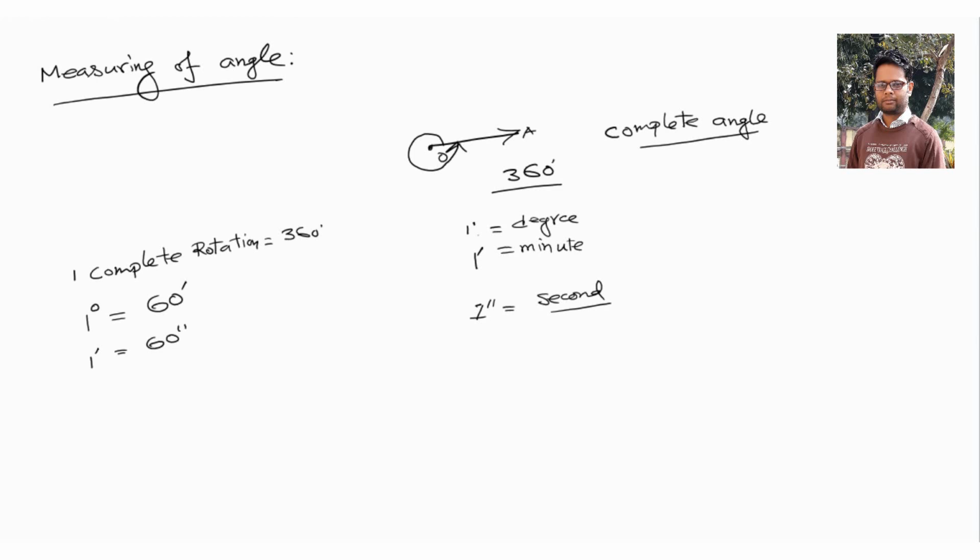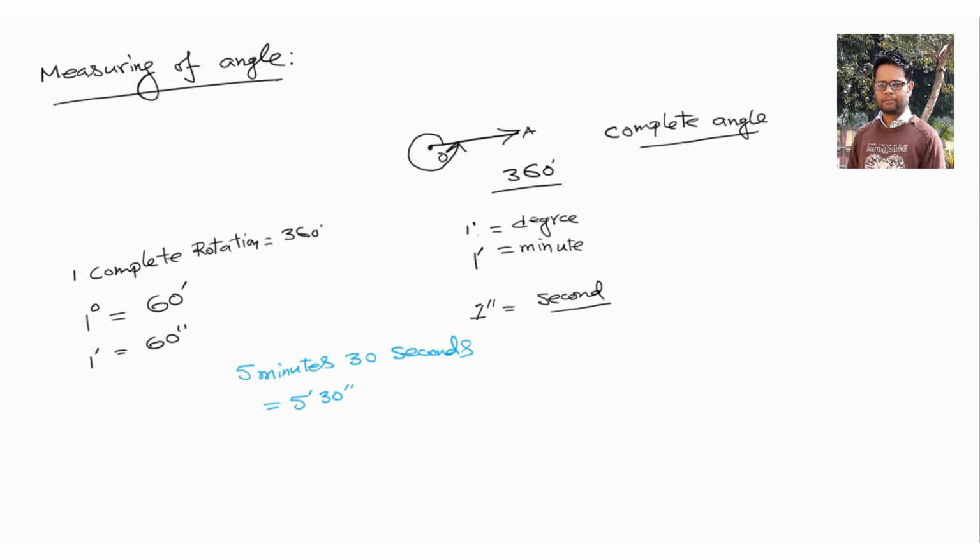Now 5 minutes 30 seconds, that means we can write 5 minutes 30 seconds like this.